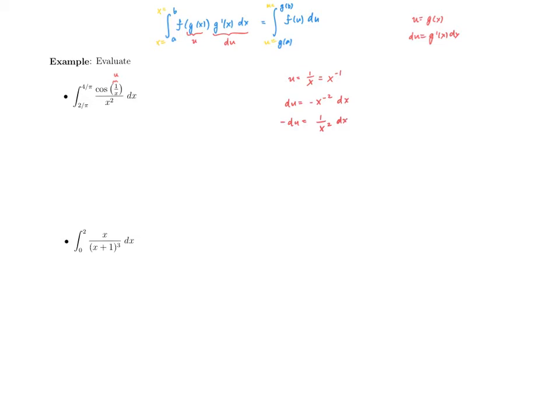The reason I would suggest that is if we rewrite this integrand ever so slightly, and you don't have to do this, but I just think it makes it easier to see where everything's going: we have cosine of 1 over x times 1 over x squared dx. u is 1 over x, and 1 over x squared dx is minus du.